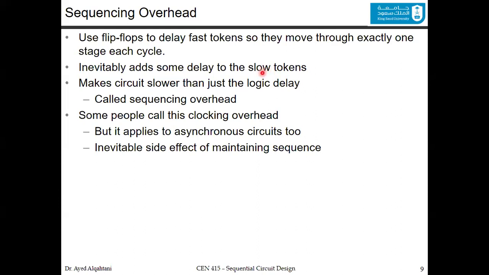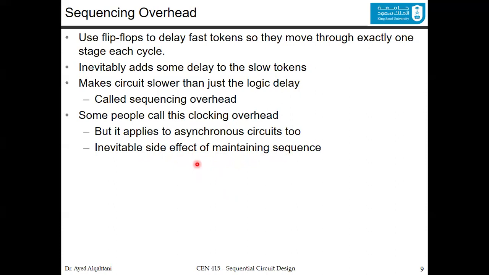You have this overhead, or delay, because of using the clock, which makes the circuit slower than just the logic delay. This is called the sequencing overhead. Some people call it clocking overhead, but it applies to asynchronous circuits as well. It is an inevitable side effect of maintaining the sequence, so to maintain the sequence, you have to pay this price.